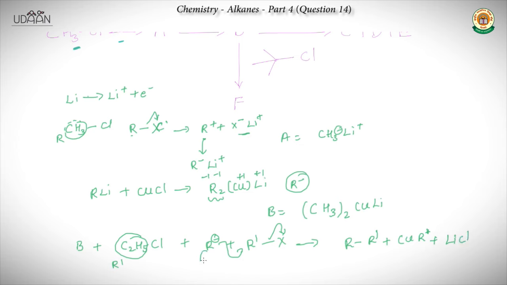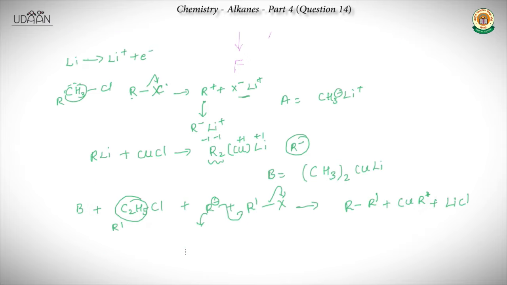Where will this R come from, from CuR dash or will we get CuR? CuR dash. Okay, alright. So what are the products that we are actually getting if we substitute R and R dash in them?